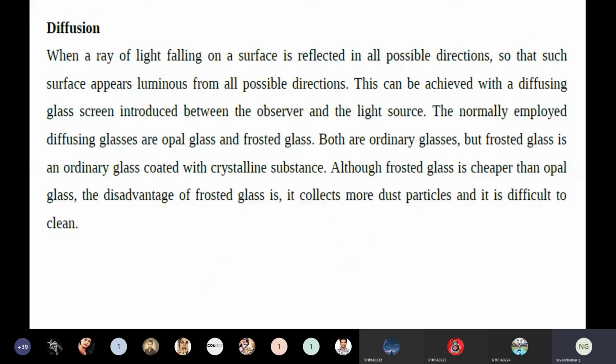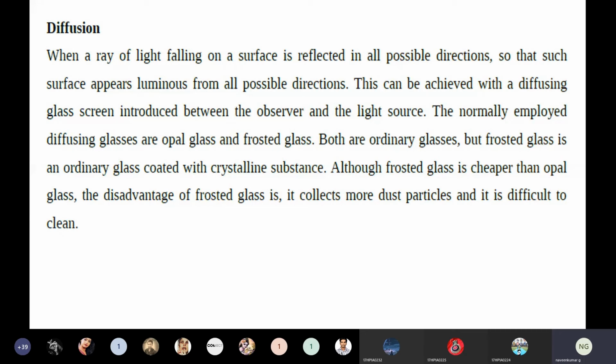Next, diffusion. When a light ray falling on a surface is reflected in all possible directions such that the surface appears luminous from all possible directions, this is diffusion. This can be achieved with the help of a glass screen introduced between the observer and the light source.